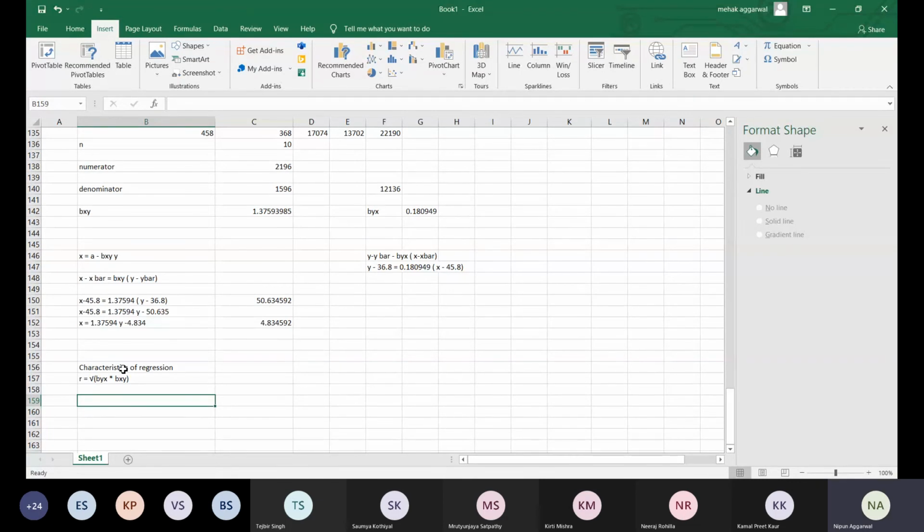If suppose first comes out to be negative, what should be the second? Tell me. If for any reason this Byx comes out to be negative, what should be the coefficient Bxy?